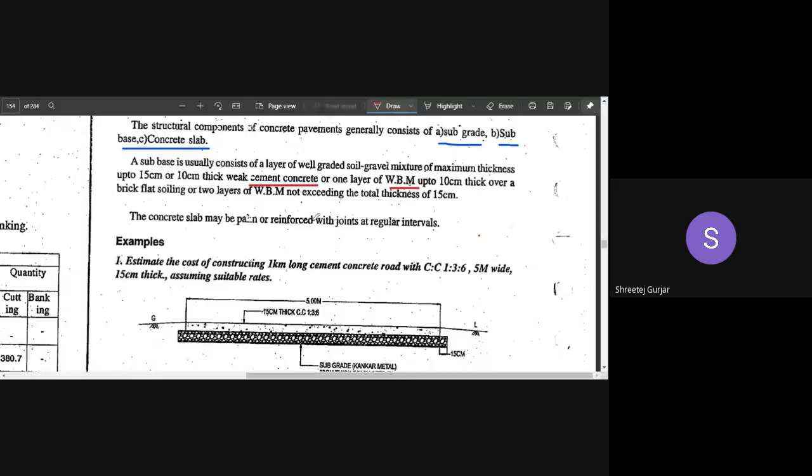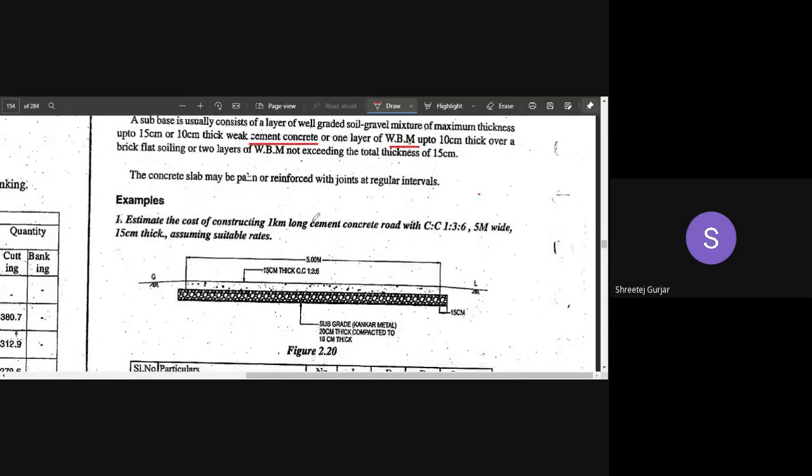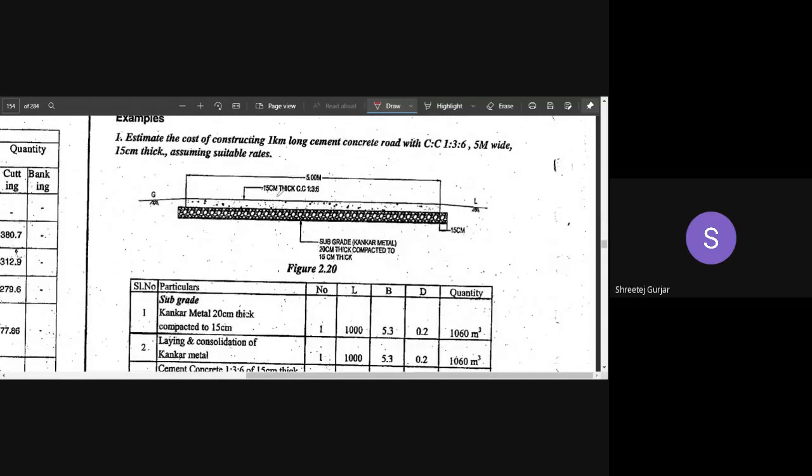So let us learn how you exactly estimate your road quantity. This is the first example wherein you can see you have your subgrade at the bottom. The subgrade is made up of concur metal, 20 centimeter thick, compacted to 15 centimeter.